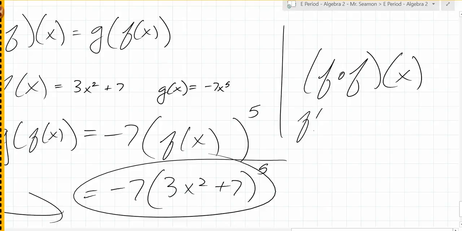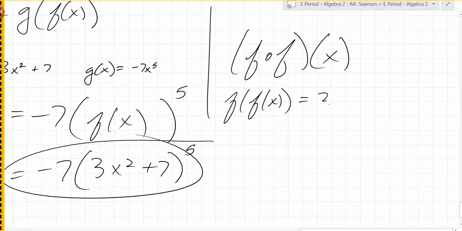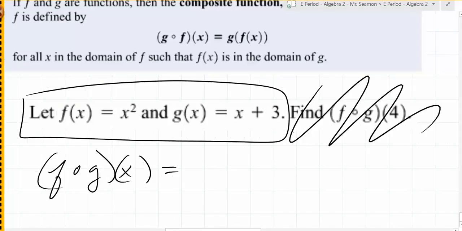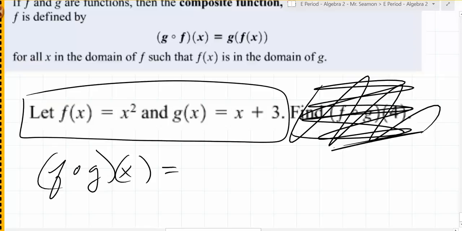It's 3 times x squared plus 7. But what do you plug in for this? Could you do g of x? Absolutely. This is just substitution. Do that first. Just ignore this right now. Find me f of g of x.